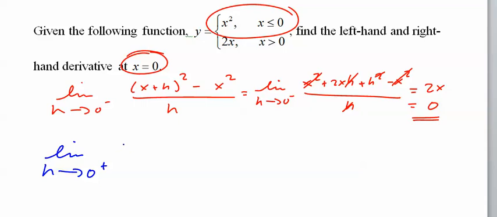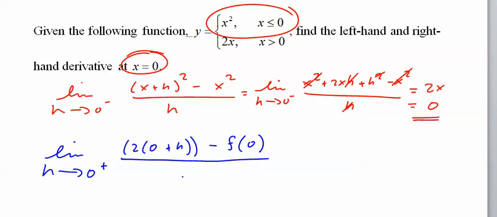We've got 2x plus h minus, I'm going to write it in, f of 0. Put in my x here. This time I'm not doing it as a function. This time I am plugging in the value. How come? You'll see.